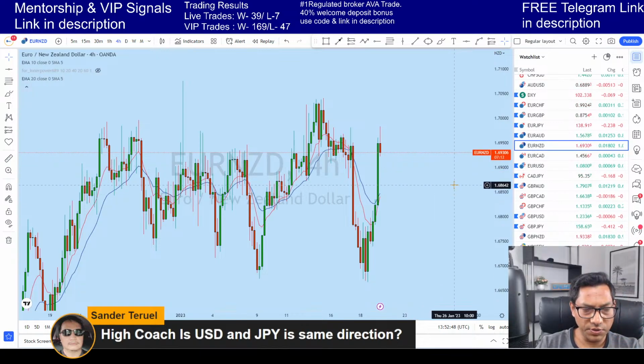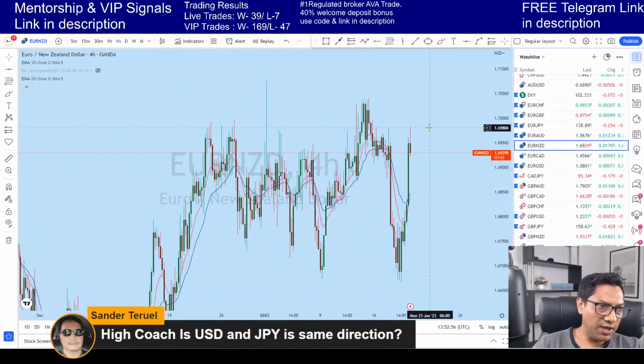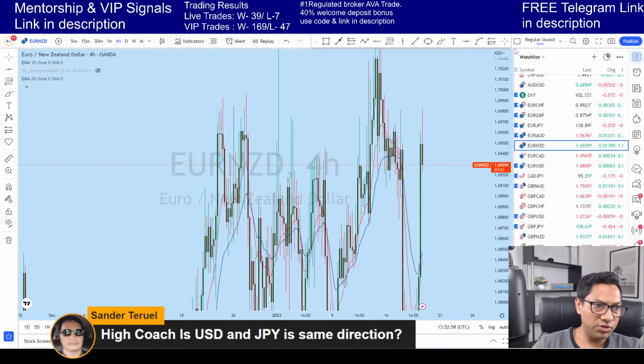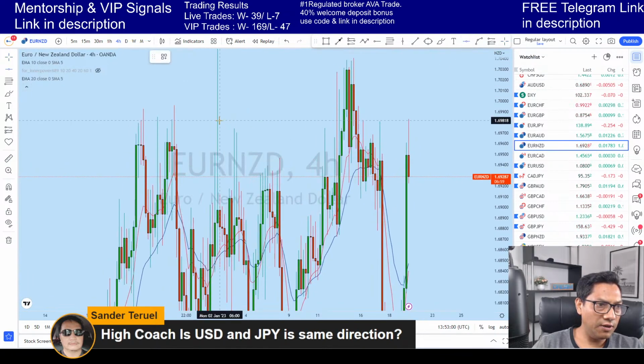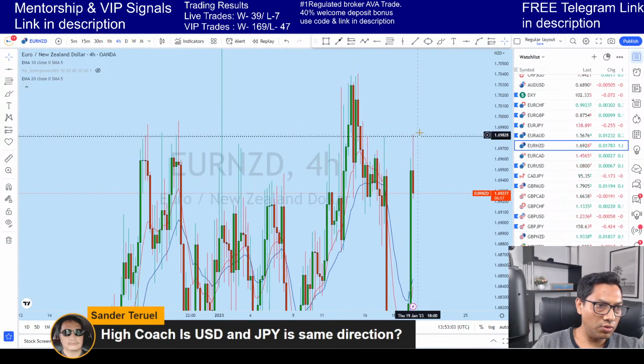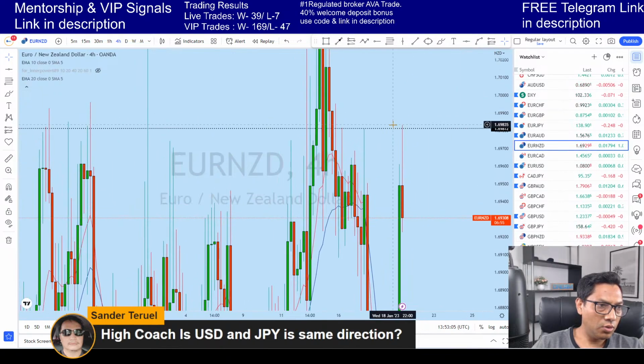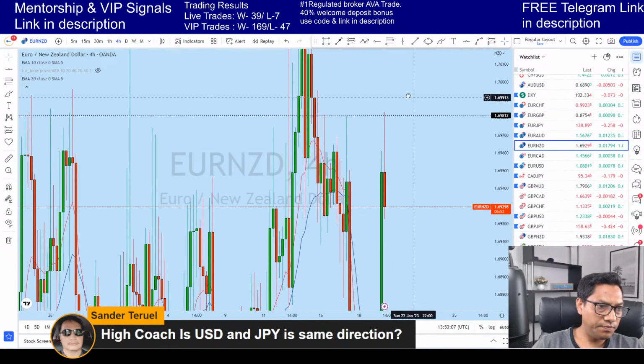EURAUD, especially EURNZD, to me it might create a little bit of bearish movement. You can see it has grabbed liquidity from this resistance here. You can see that there is a good amount of liquidity grab here with this long wick candle.